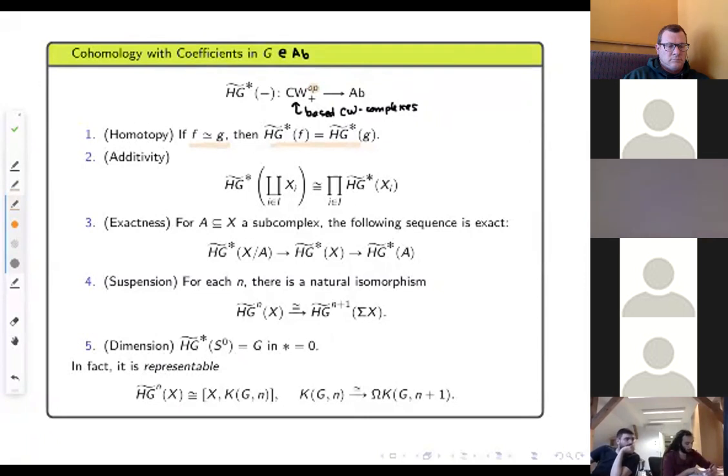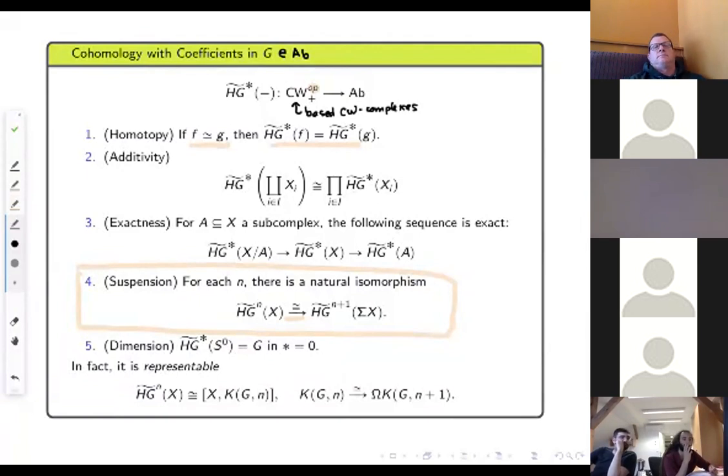But let me focus on the suspension isomorphism. One of the axioms for ordinary cohomology is that there's a natural transformation that gives an isomorphism between the nth cohomology of a space X and the (n+1)st cohomology of the suspension of X. And I should have said, here I'm talking about reduced cohomology.